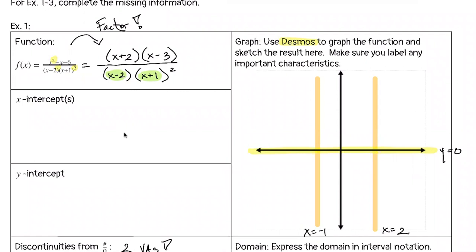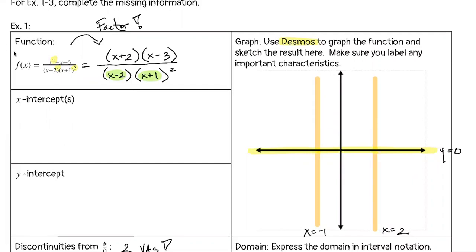How do we find a y-intercept? When we were looking at polynomials, how did we find a y-intercept? Yeah, we just plug in x equals 0.